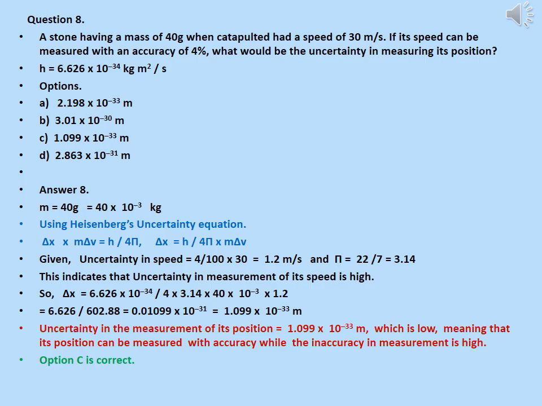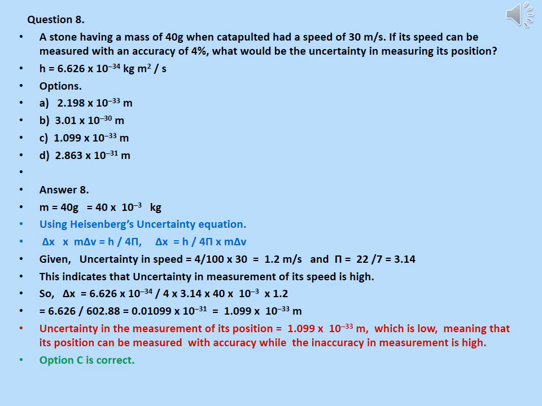After working out, we get the answer as 1.099 × 10^-33 meter. It's a very small number. That means the uncertainty in the measurement of its position is low, so the certainty is high.